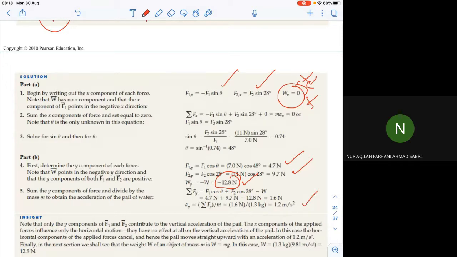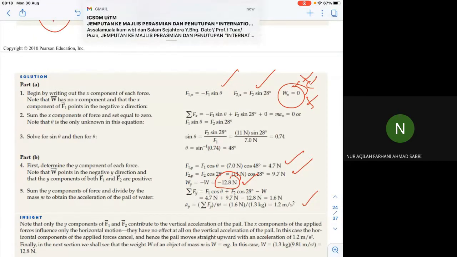In this case we consider acceleration in the y-axis because Jack and Jill are lifting the pin upward. It's not going to be an x-axis motion. Because Jack and Jill are lifting the pin, the acceleration is only in the y-axis.